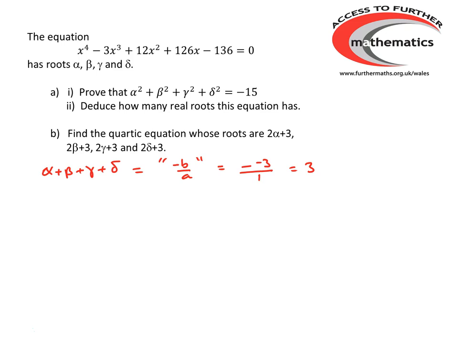Okay, we know that alpha plus beta plus gamma plus delta must be equal to minus b over a, which is going to just give me 3. We also know that alpha beta plus alpha gamma plus alpha delta plus beta gamma plus beta delta plus gamma delta must equal c upon a, which is 12 over 1, which is 12.